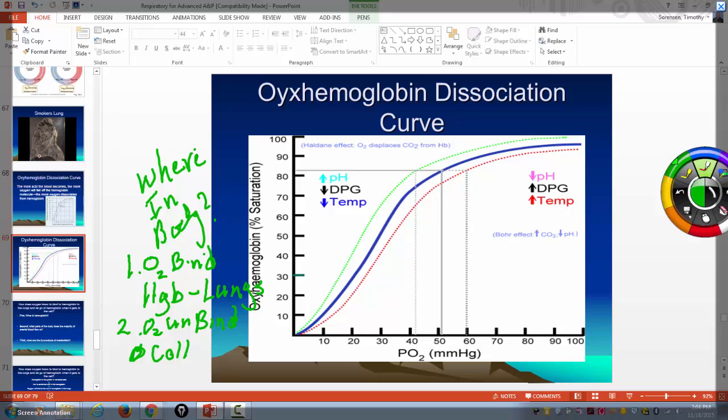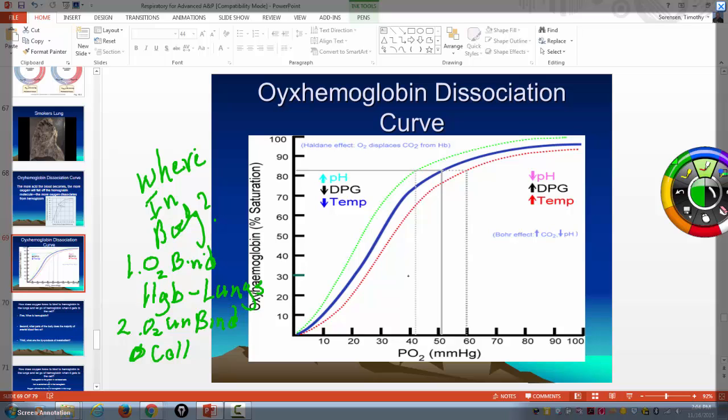One of the things that I want to point out, though, is, let me explain this curve a little bit, right? So you can see on the y-axis here, going up and down, this looks at the percentage of red blood cells, specifically the iron in the hemoglobin, that oxygen is bound to.